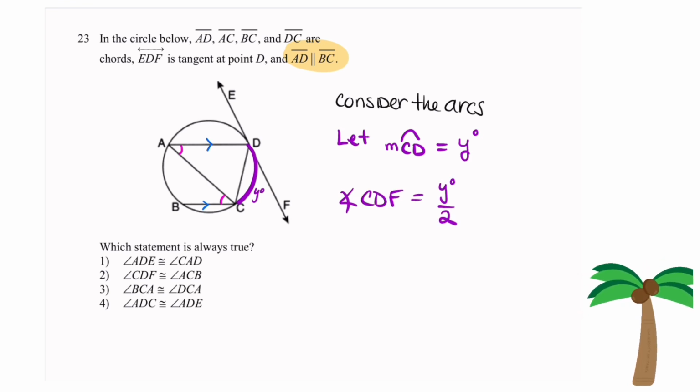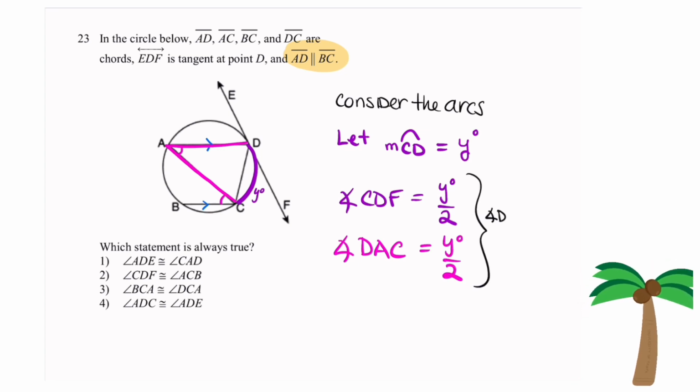So the measure of angle CDF, that inscribed angle, will be y over 2, and DAC will also be an inscribed angle of y over 2. So both of those angles are going to be congruent to each other because they subtend the same arc and are half that arc. All right, so that's looking good for number 2, but wait a minute.